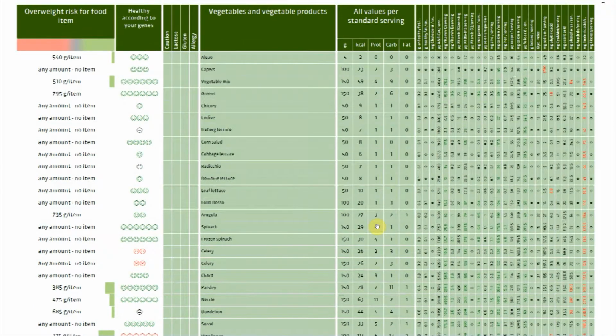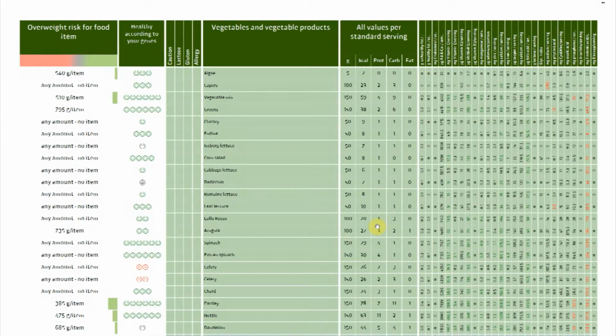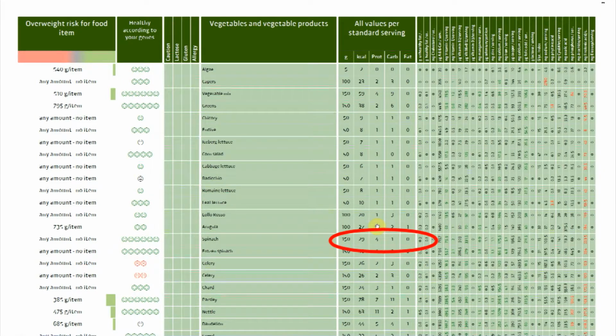Now this here shows you the main calorie containing substances. So for example, going for spinach. A general portion of spinach is 150 grams. And 150 grams of spinach contain 29 kilocalories. It's a very, very low amount.